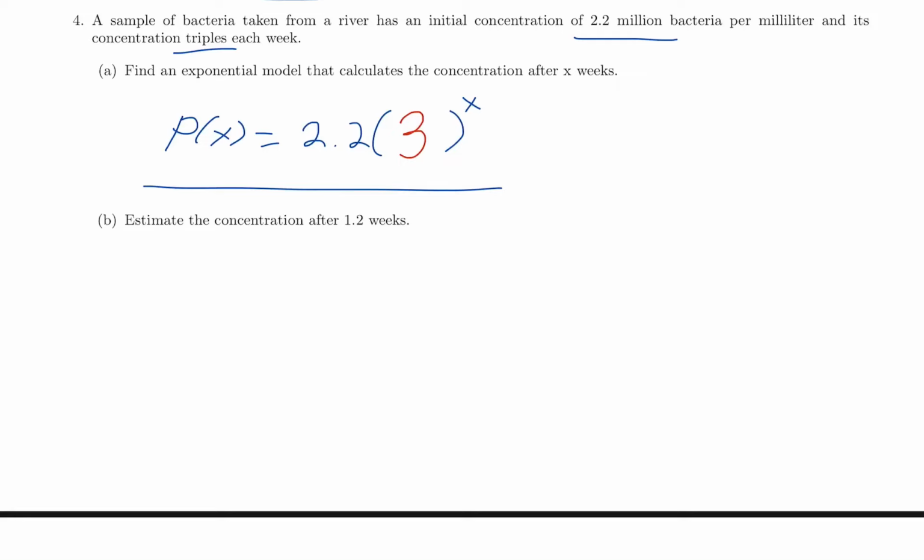So how do we estimate concentration after 1.2 weeks? We just plug in 1.2. P of 1.2 equals 2.2 times 3 to the 1.2. Okay. So here again, there's a very similar homework question to this. Here you have to just type this in a calculator, or you can just type it in Google, and it will give you an answer, and it will ask you to round to the nearest integer.